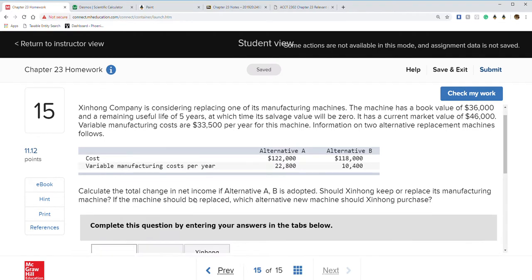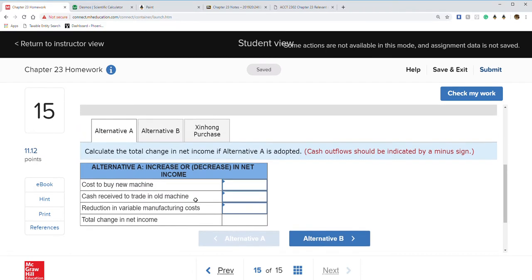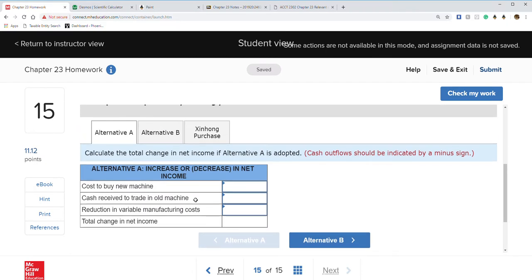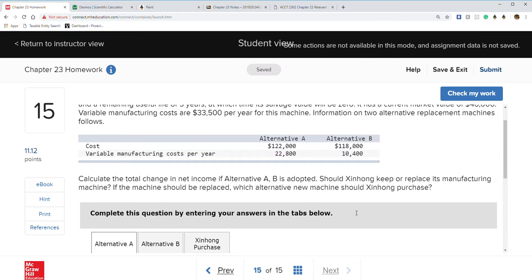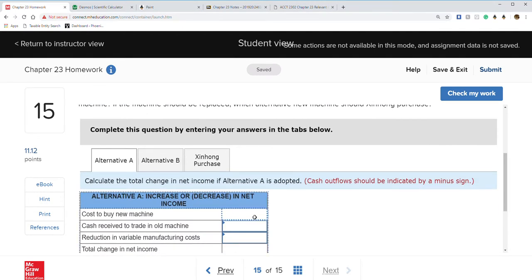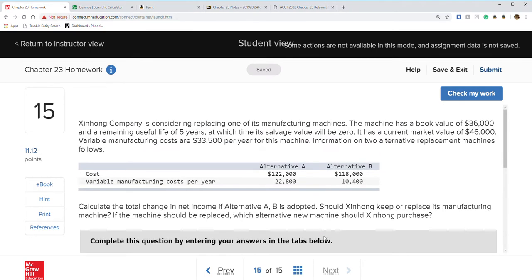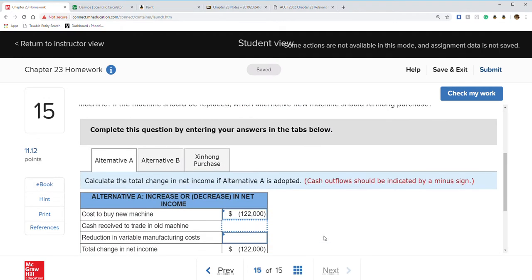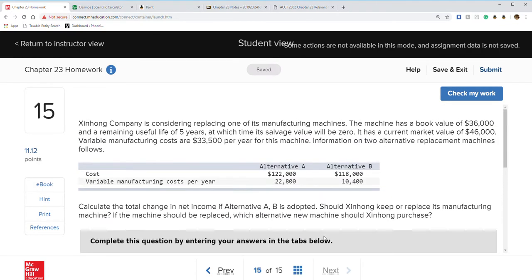Okay? So, alternative A, cost to buy the new machine is $122,000. Okay? Cash received to trade in old machine. It doesn't really have a trade-in for any of them. But the question is, are they going to take the current market value?